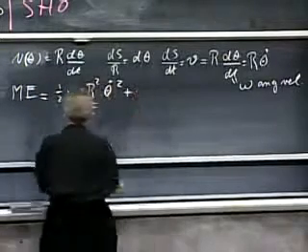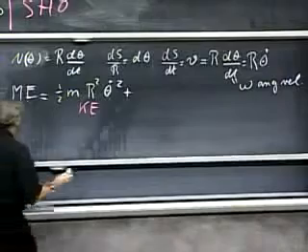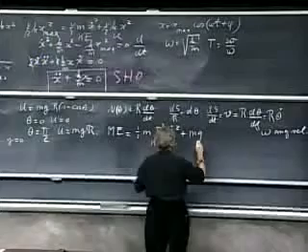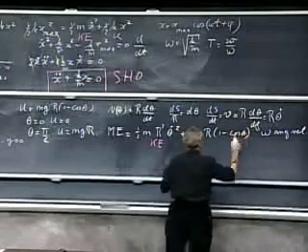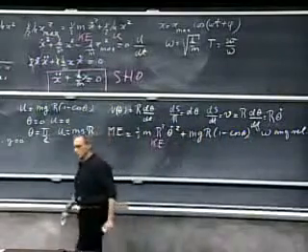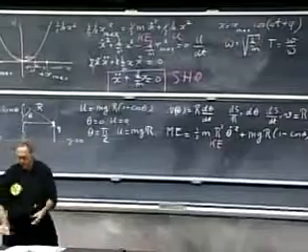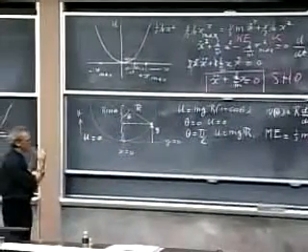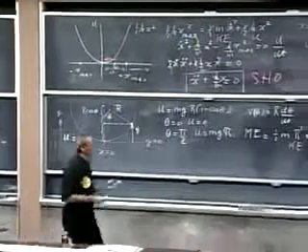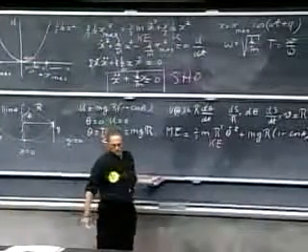Plus the potential energy, which is mg times r times (1 minus cosine theta). And this is always the same, independent of the angle theta, because gravity is a conservative force. So this is the conservation of mechanical energy.